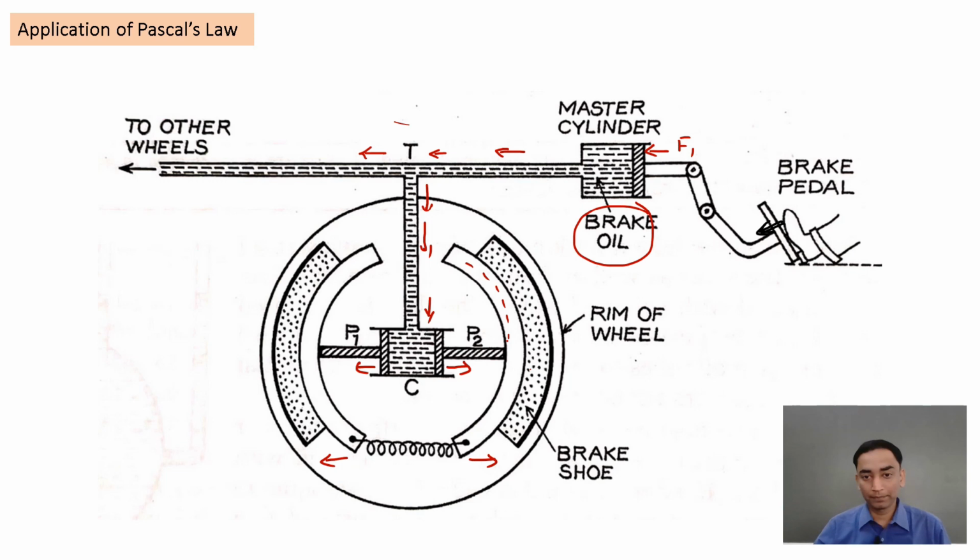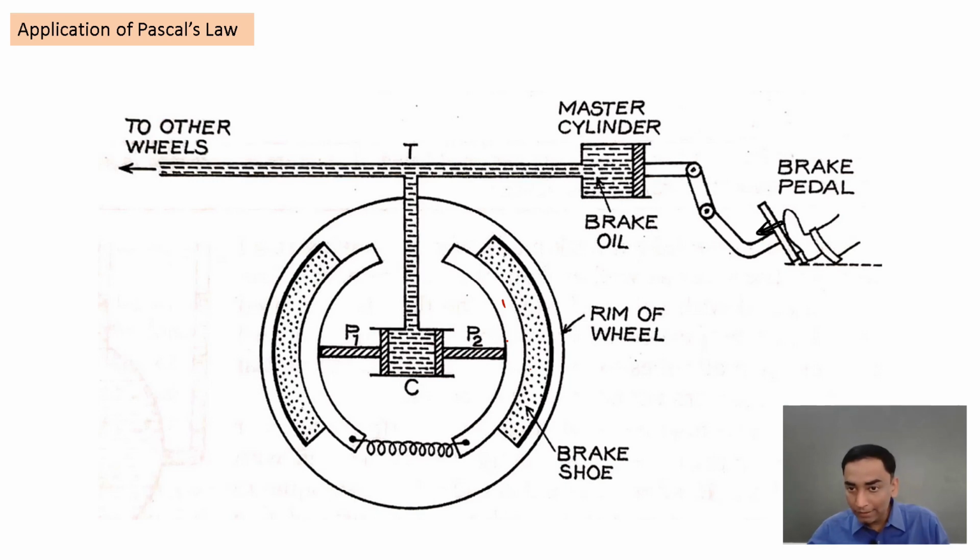Since there is pressing, the spring is pulled outwards and braking is applied, and the car stops. Now, what will happen if you remove your foot from the pedal? Let's see that. The moment you release your foot from the pedal, the spring will pull these 2 semicircular brake shoes, these brake pads, back in.